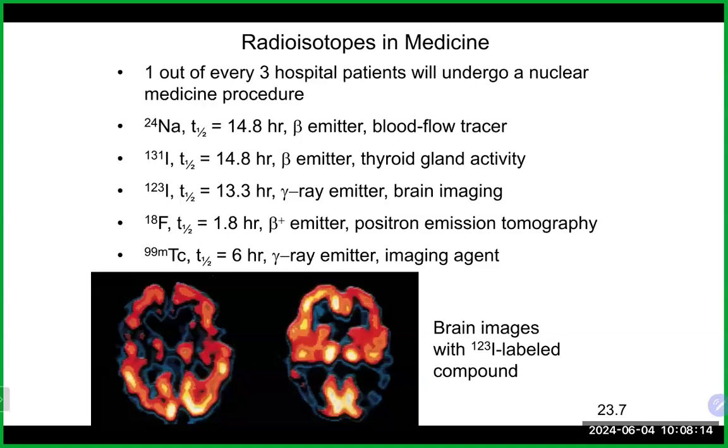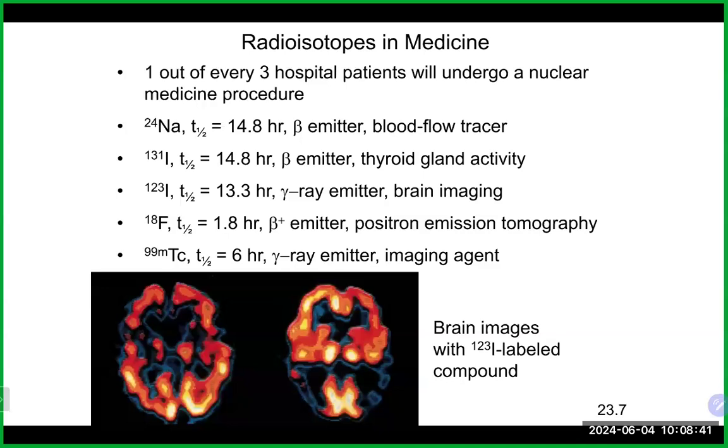You could use them as tracers to see where things are going, or in scans to light things up. For example, sodium-24 is a blood flow tracer, iodine-131 is for your thyroid gland, fluorine-18 is for some imaging, and iodine-123 is for some brain imaging as well.